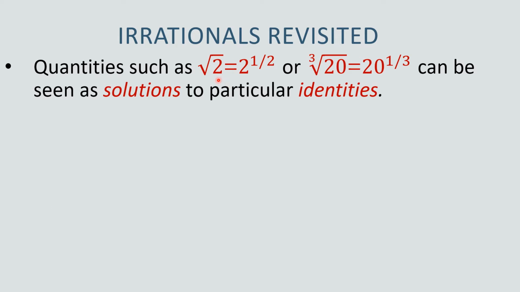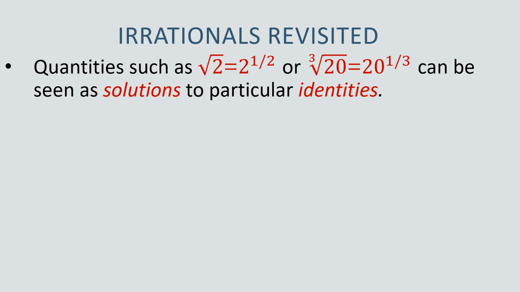We cannot define the square root of 2 as the ratio of a whole number to a natural number. Similarly, we cannot describe the cube root of 20 as the ratio of a whole number to a natural number.